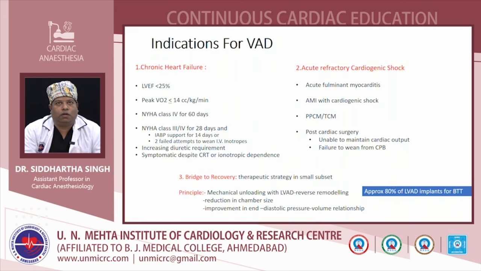The indications for MCS are chronic heart failure with ejection fraction less than 25%, peak oxygen requirement less than 14 ml per kg per minute, NYHA grade 4 for more than 60 days, NYHA class 3 and 4 for 28 days, and IABP support for 14 days, or 2 failed attempts to wean from IV inotrope, increased diuretic requirement, symptomatic despite cardiac resynchronization therapy, or inotropic dependency, and acute refractory cardiogenic shock cases like acute fulminant myocarditis, acute myocardial infarction with cardiogenic shock.